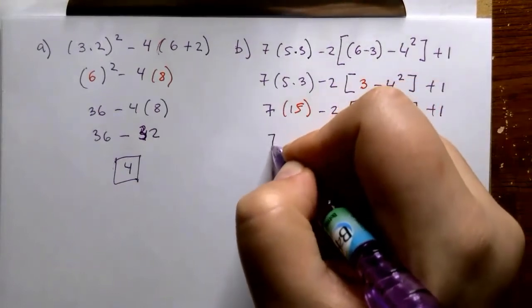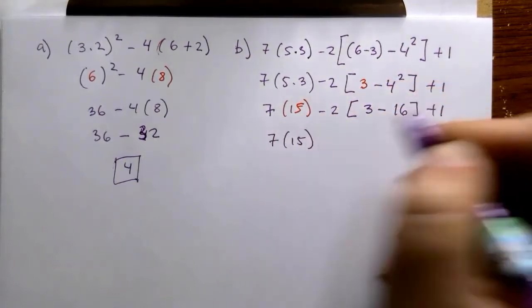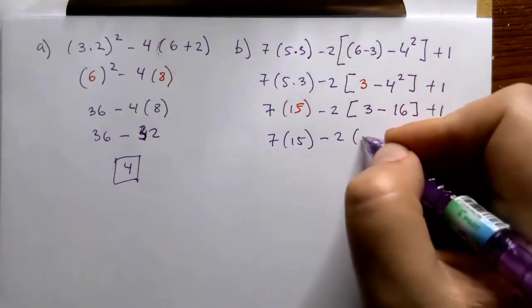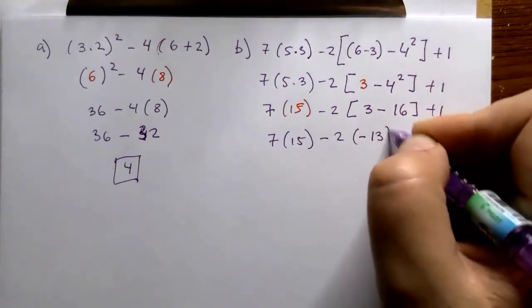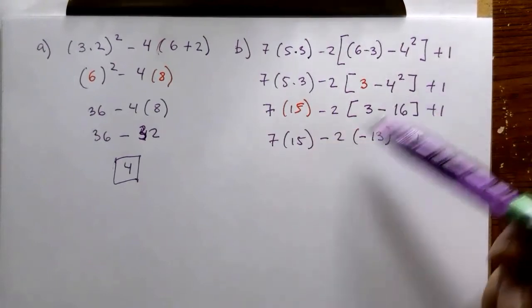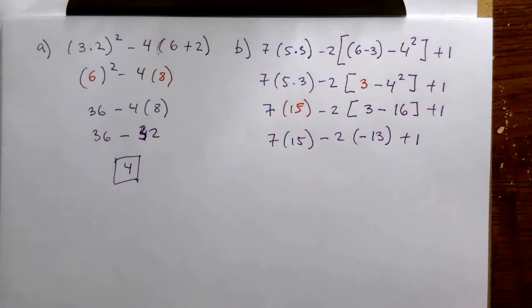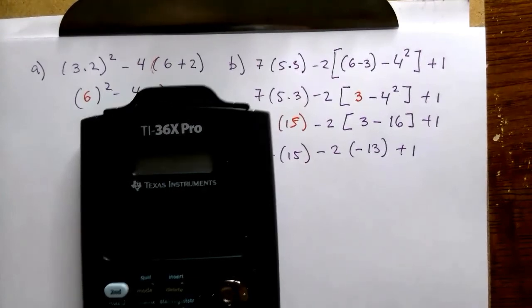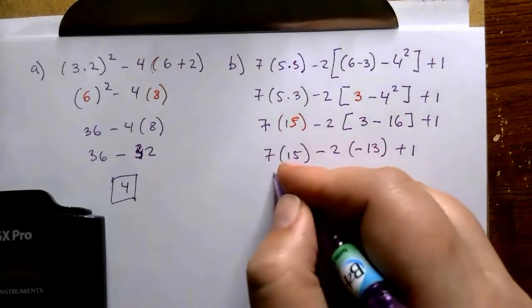Okay, and 3 minus 16 will give me -13. Now I can perform multiplication, right? 7 times 15, I don't want to do it in my head. That's 105.